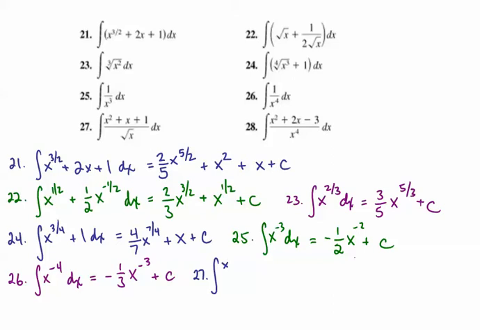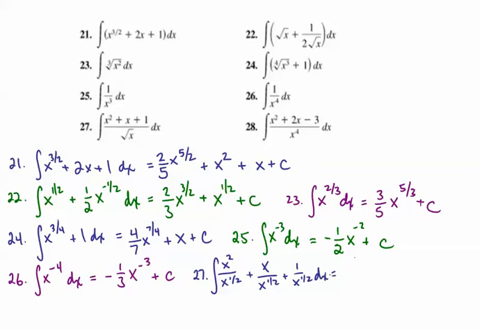So I'll write them all out first. X squared over x to the 1/2, then plus x over x to the 1/2, plus 1 over x to the 1/2 dx.